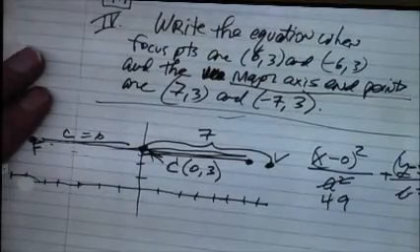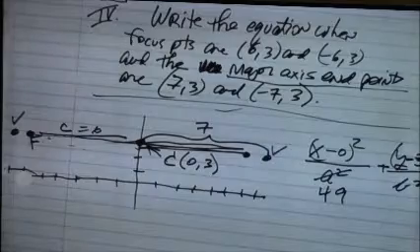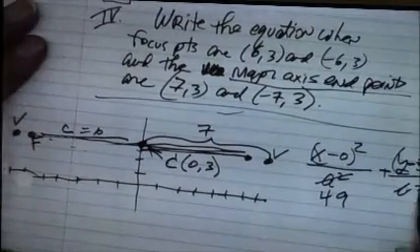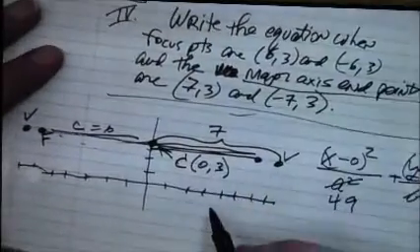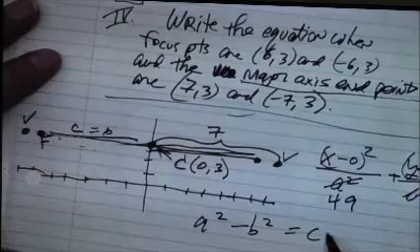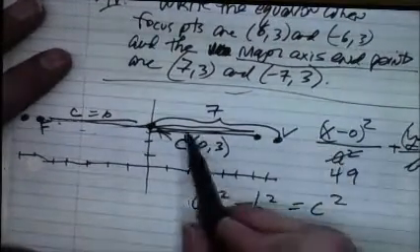So for this equation, we need to know what the b is. This is an ellipse, so that means we have to do a squared minus b squared is equal to c squared. Okay. And that's because the distance c is less than the distance a.